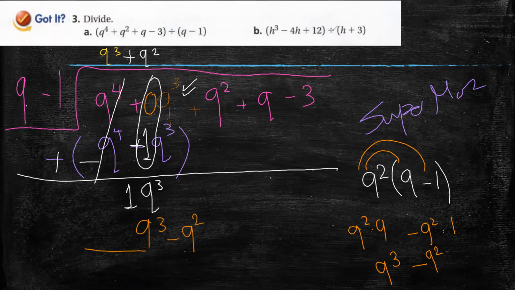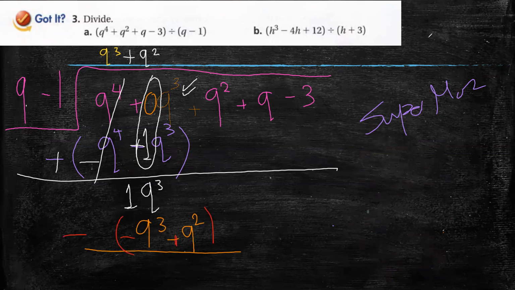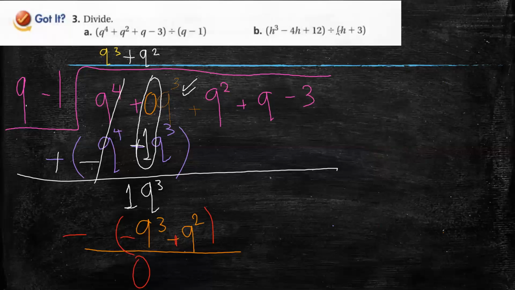I will write now the answer here. Then the same steps. Minus, change the sign for each term. So what did we have now? q cubic minus q cubic is 0. Bravo. And here we have q squared.